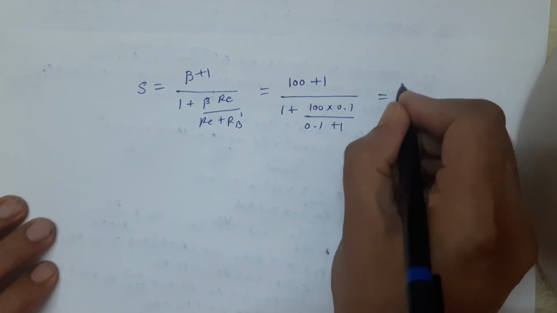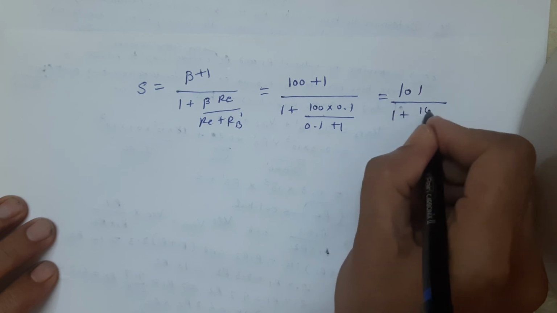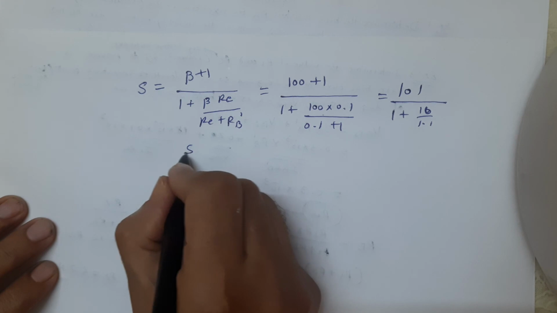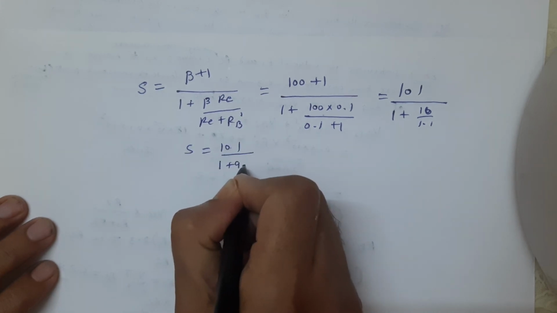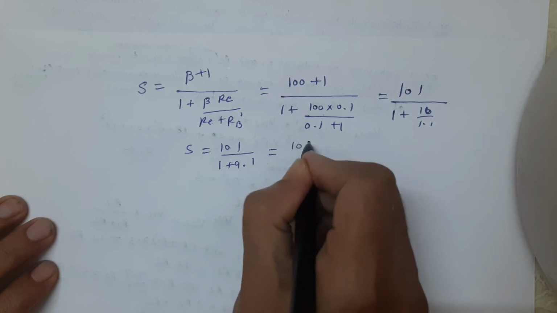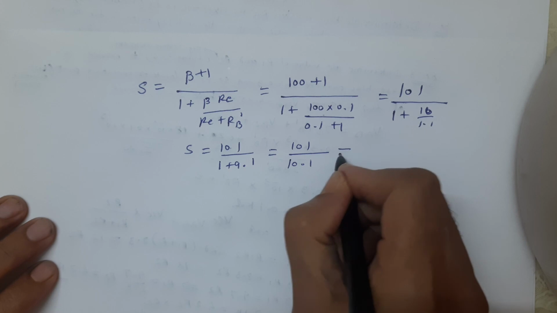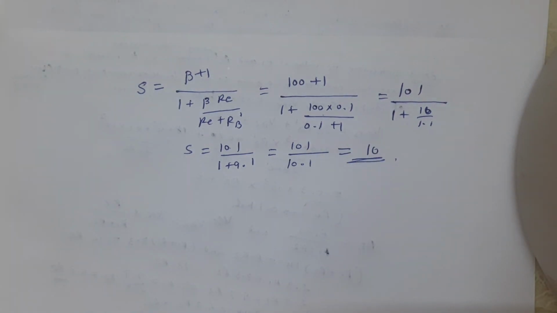It is equal to 101 divided by (1 plus 10 upon 1.1). So S is equal to 101 divided by (1 plus 9.1), which is 101 divided by 10.1, and it is equal to 10. This is our final value of S. That's all. Thank you.